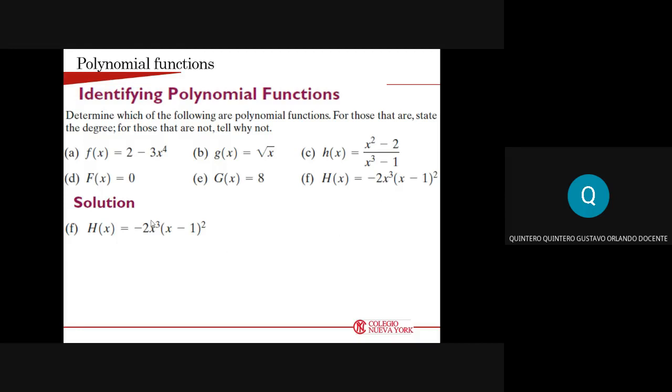But take a look at this. We can do these operations and see what we get. For example, in here we have x minus 1 to the second power. This is a binomial to the second power, and we can expand that like this.